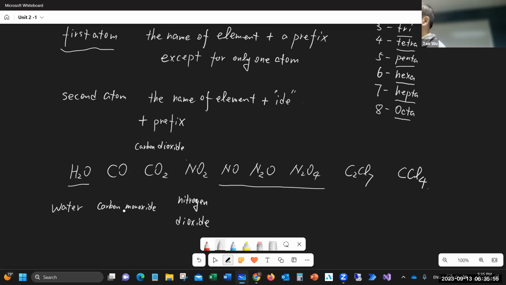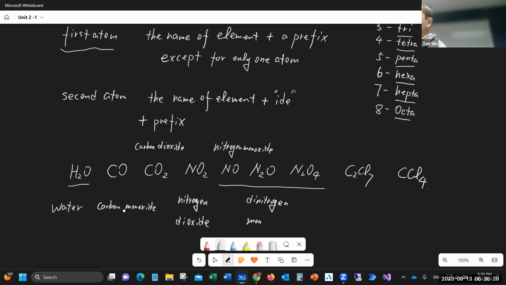NO is called nitrogen monoxide. This one is called dinitrogen monoxide.